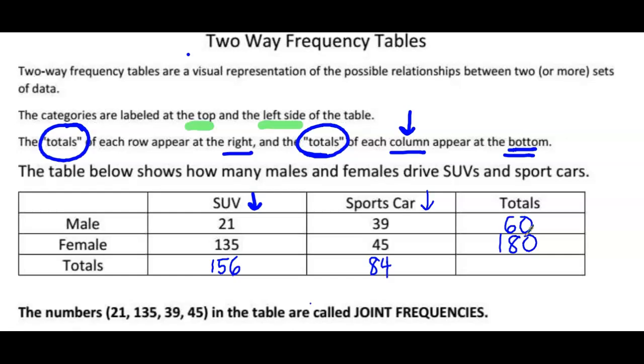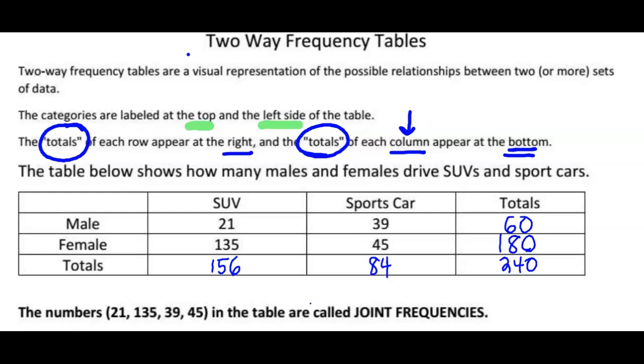We're going to add 60 plus 180 up and down. That should also give you the same thing if you add across 156 and 84. So you always want to double check that going up and down and left and right give you the same value. And when I do, I get 240.